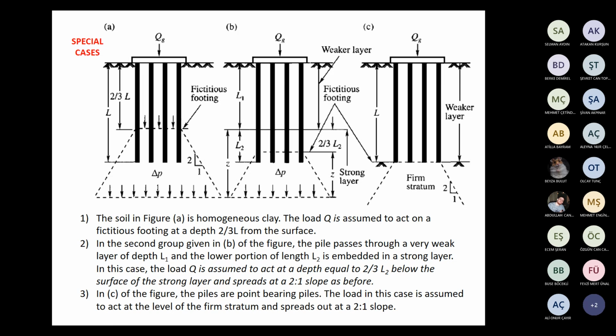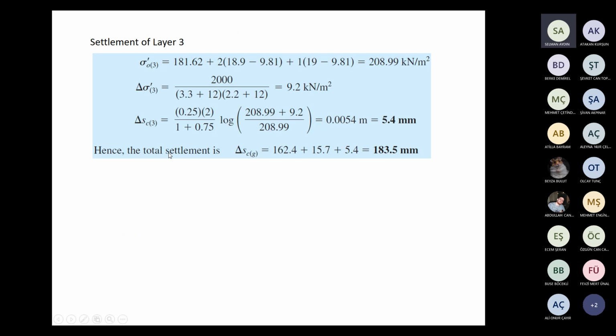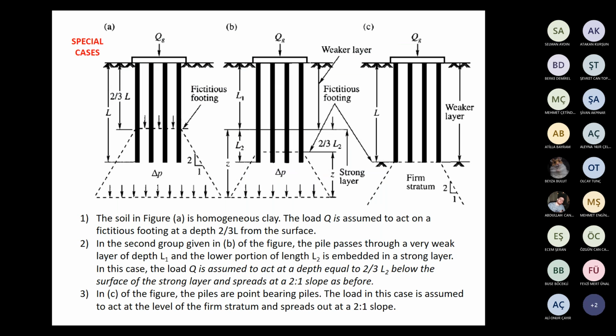The load Q is assumed to act at 2/3 L. This is the basic case, which we solved in this example. But in figure B, the soil condition is somehow different. We have a strong layer here.